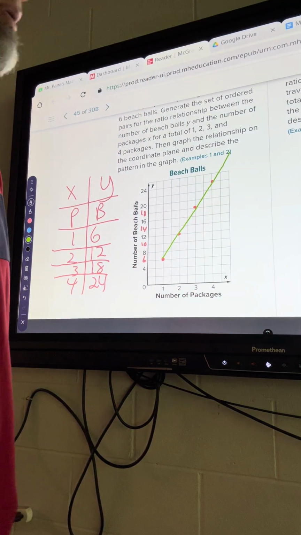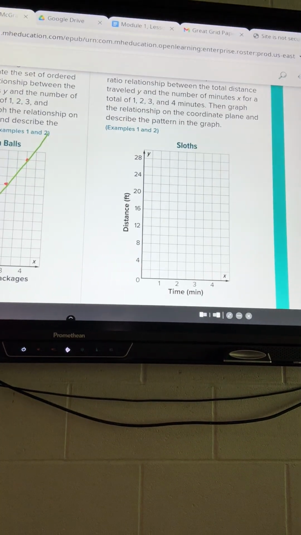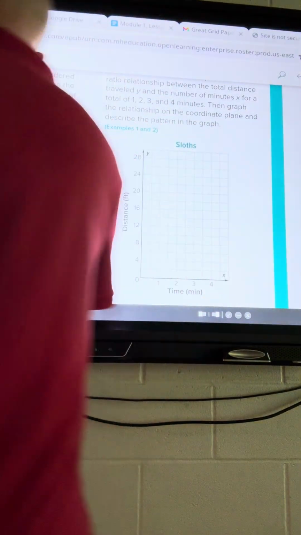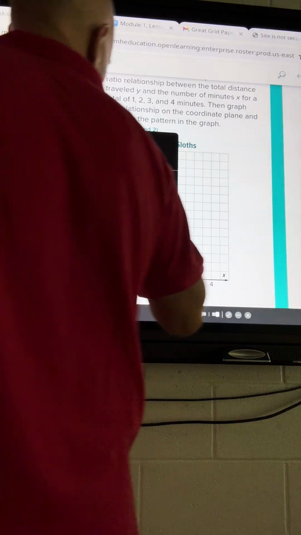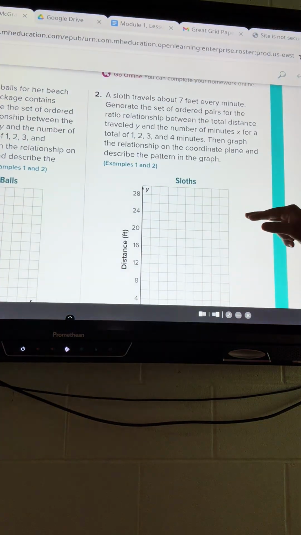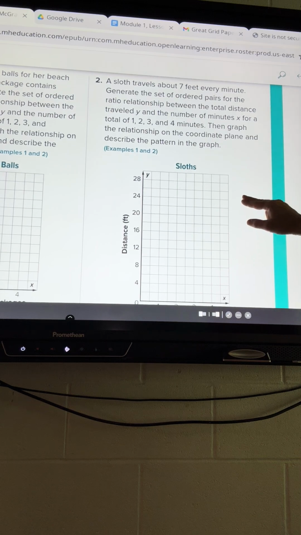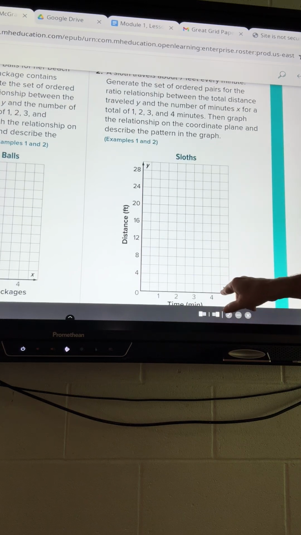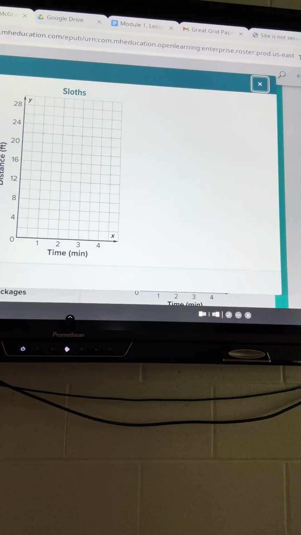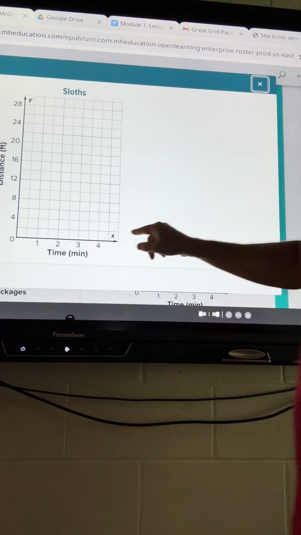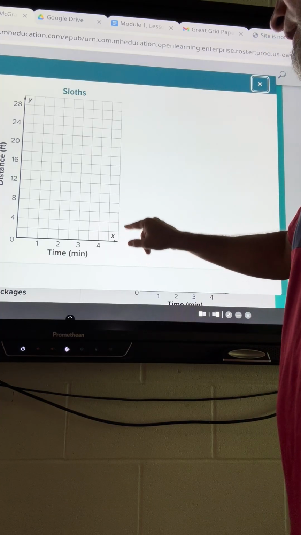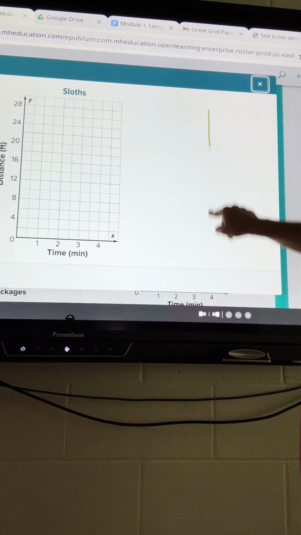Okay, so number 2 is sloths and time. And I'm not going to do this entire problem for you, but we'll set you up a little bit. So it says here that the sloth travels about 7 feet every minute. So it shows you the time is going to be the x-axis, and the distance will be the y-axis.